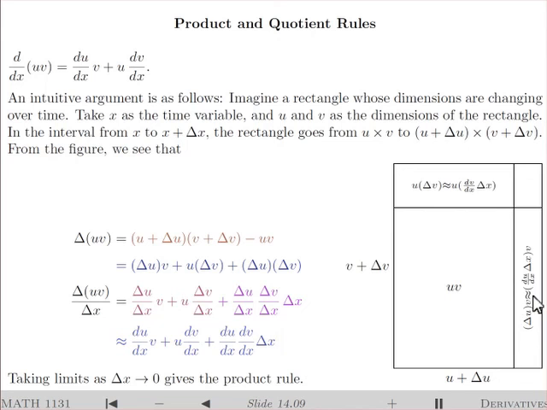The side is the original height times rate of the width times the change in time. And the corner piece will have area that's negligible compared to these two, and so we neglect it. So we get these two terms in the product rule. Next time we will see how to actually use the product rule.